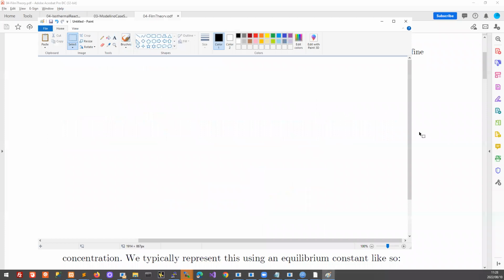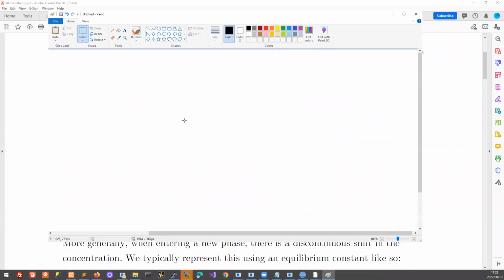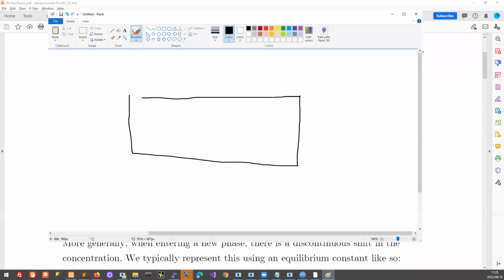So let's just redraw this. So we know that if you have any concentration change, then we are going to see a transfer. And let's return to that very first drawing that we had. So we had a membrane, and we had two cells, and we had two concentrations.